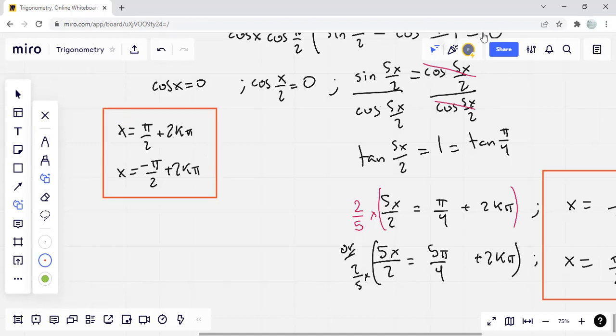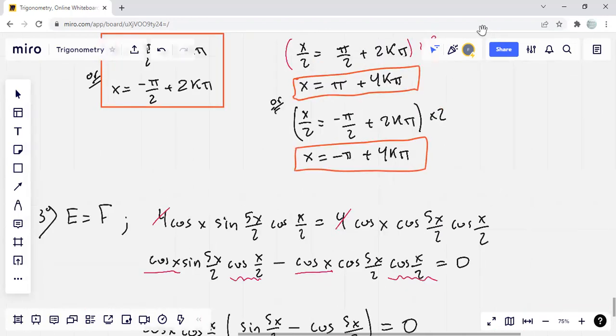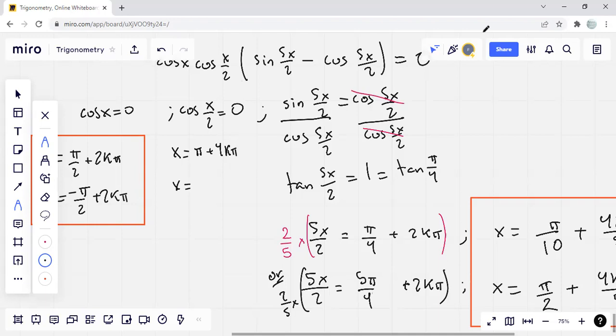And for cosine x over 2, we also have the answers from here: pi or minus pi plus 4k pi. So x is equal to pi plus 4k pi, or x is equal to minus pi plus 4k pi.